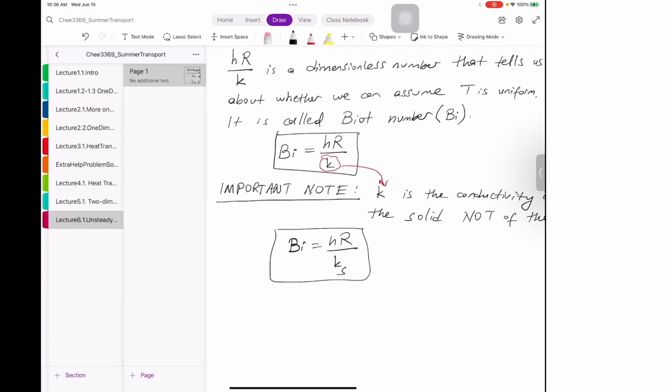Okay, so in order to memorize it, just remember that the Biot number gives us an idea about whether our assumption that temperature is not a function of position is a good assumption or not. That's why we need the solid conductivity there.